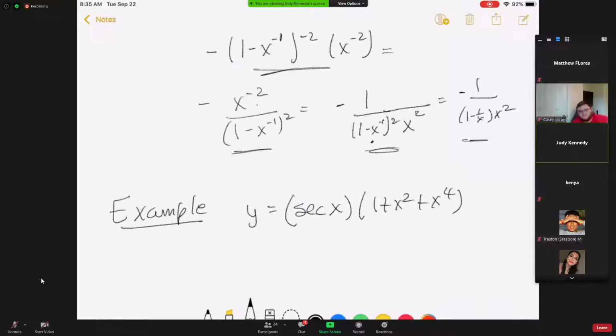Okay, now that's a product of two functions. We've got secant, and what's inside the secant is x, okay? 1 plus x squared plus x to the fourth is not inside the secant. It's multiplied by the secant of x. So I need the product rule.